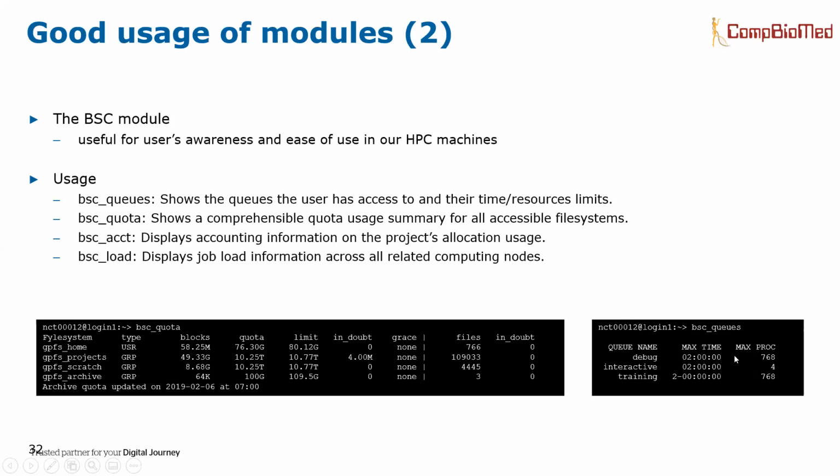For example, in the debug queue, you will have access to 786 cores, and you will see that you have a maximum compute time, which is here 2 hours. In the training queue, you can compute up to 2 days using the same amount of processors.